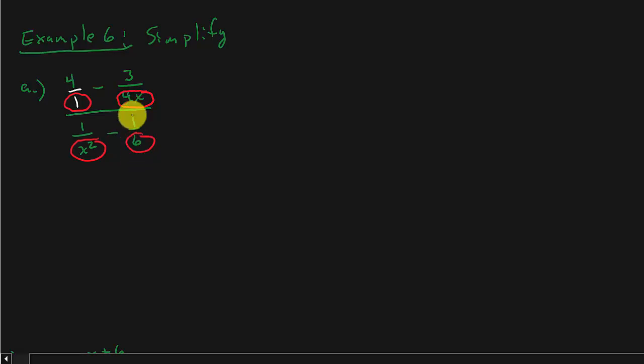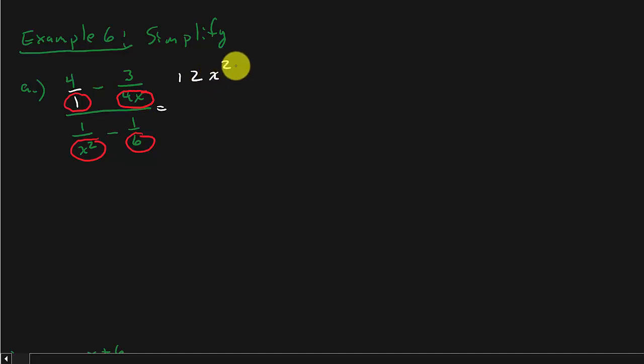So I look at the 6 and the 4. What's the common denominator of 6 and 4? That's right, 12. Then, what's the common denominator of x and x squared? Well, just to give you a little hint, whenever you're dealing with variables like this, it's the one with the largest exponent. And so it's 12x squared.